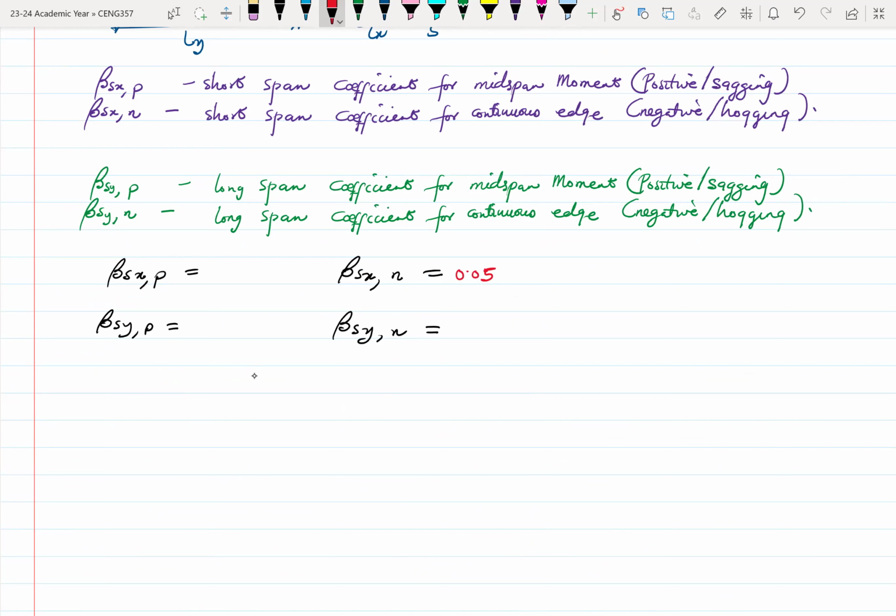And then beta SX positive was 0.037. And then beta SY negative was 0.032. And beta SY positive is 0.024. Let me just make sure I got it correct.